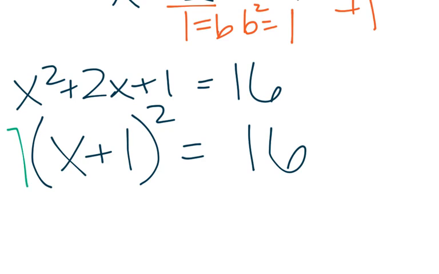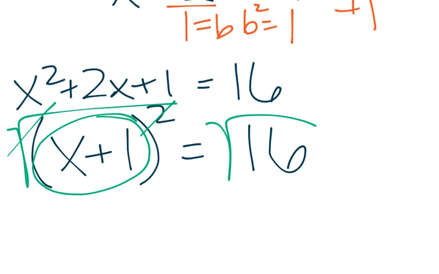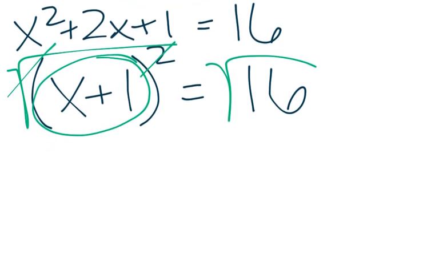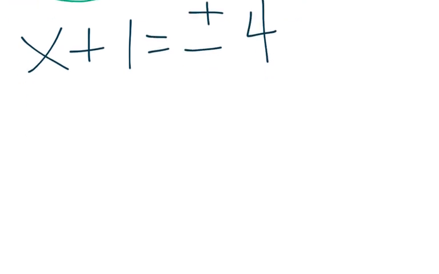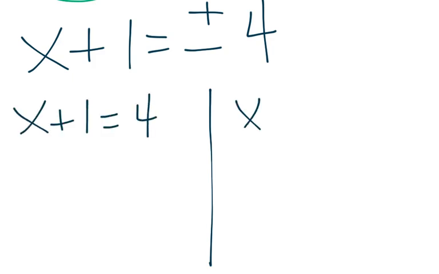And then we want to find the square root of both sides. So this square root sign cancels out the square, so we're just left on the left side with whatever's on the inside of the parentheses. So we have x plus 1 equals the square root of 16, which is positive or negative 4. So we're going to solve for each of these separately. So we have x plus 1 equals 4, or x plus 1 equals negative 4.